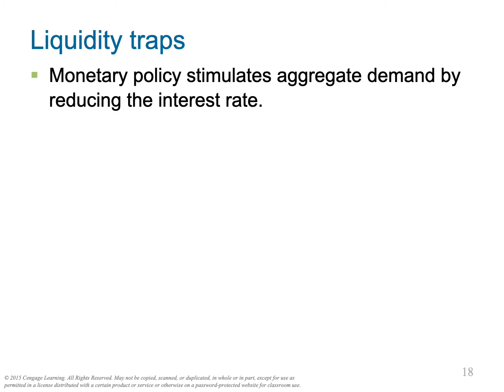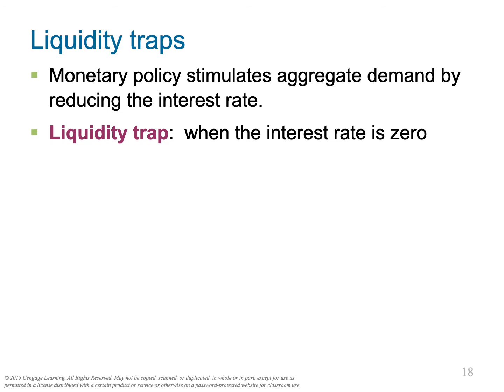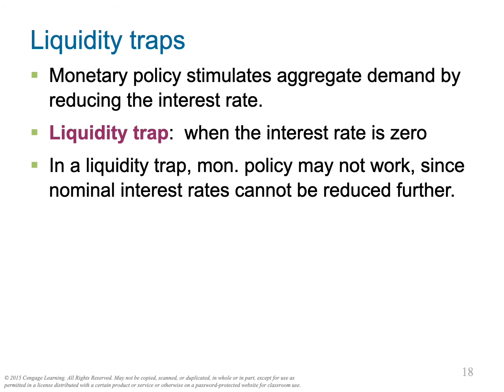There's a lower bound, a minimum interest rate, and that's zero. Nominal interest rates at least cannot go below zero. So if interest rates are already close to zero, the Fed cannot do much to decrease them further. This is what's known as a liquidity trap. And when there is a liquidity trap, monetary policy might not work, since nominal interest rates can't be reduced any further, since they're already close to zero.